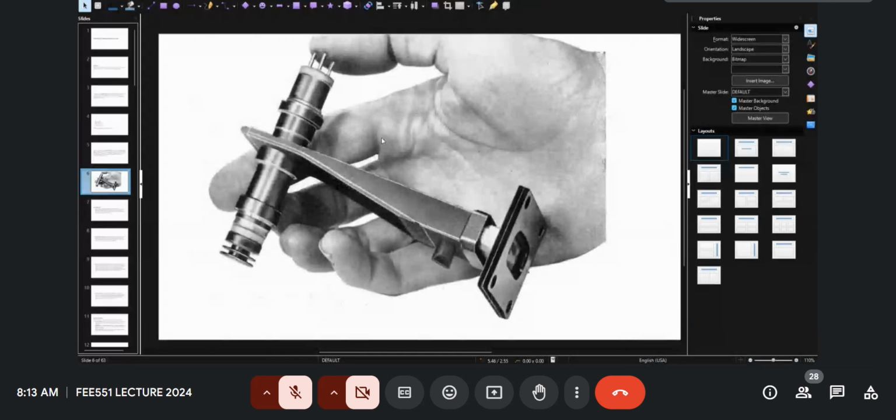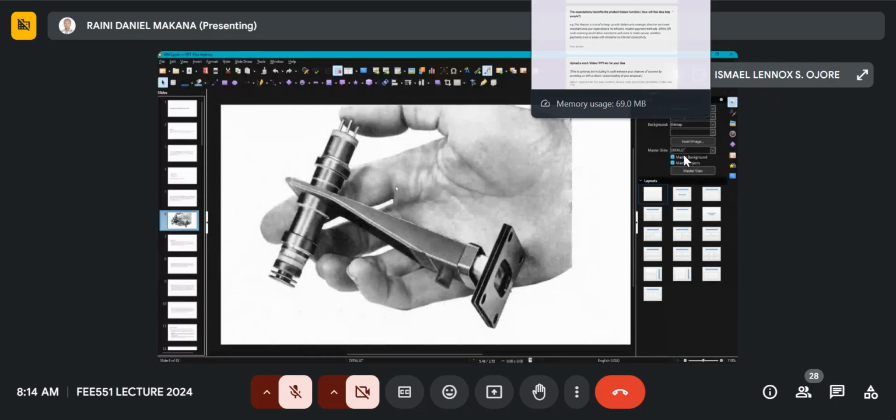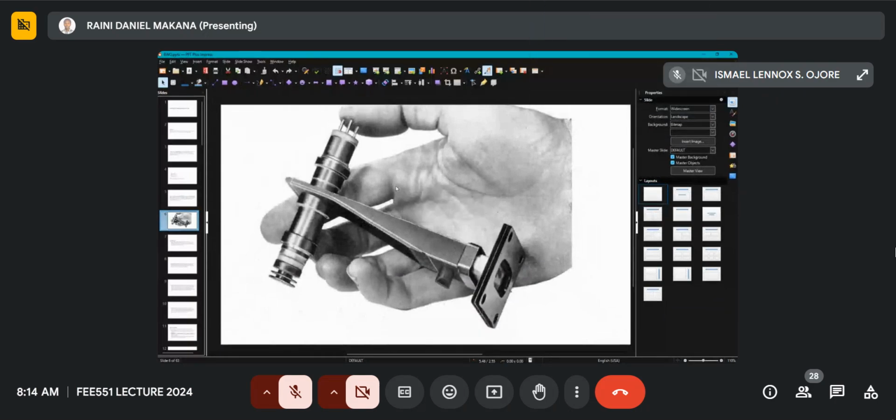If you remember from TWTs that we talked about in our most recent previous class, BWOs utilize the electron beam and the slow wave structure, because remember it is in the family of TWTs. The slow wave structure can take the helical form.